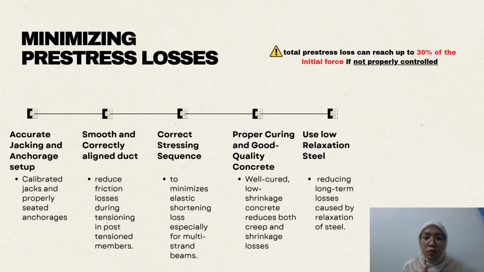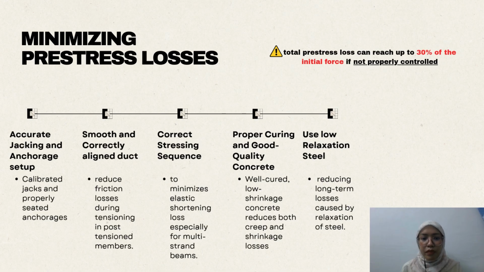The second one is to use smooth and aligned ducts to reduce friction losses during tensioning, for example in post-tension members. Next, we have to ensure the correct stressing sequence.